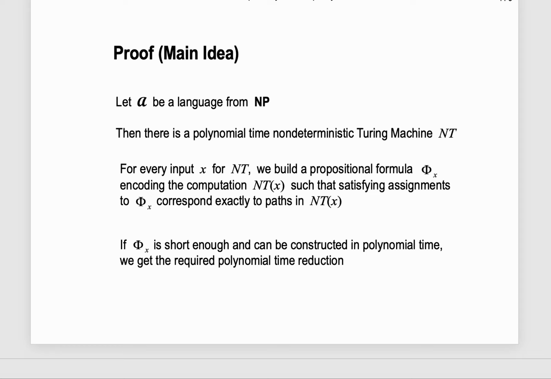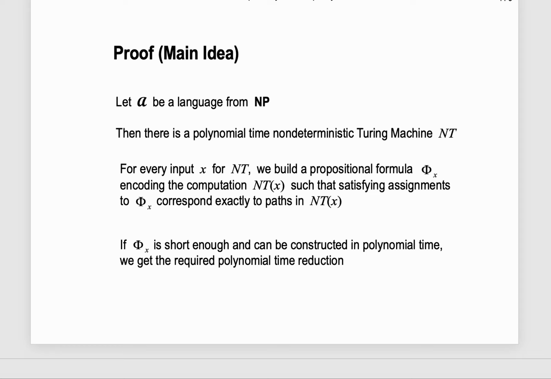Now for every input x for NT, we build a propositional formula of x encoding the computation of NT on x such that satisfying assignments to the formula correspond exactly to the paths in NT of x.